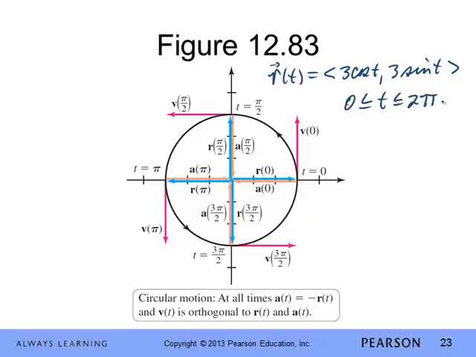We start off here at t equals 0, and as t increases from 0 to pi over 2, we go from 3 o'clock up to the 12 o'clock position. As t goes from pi over 2 to pi, we go from 12 o'clock to 9 o'clock. From pi to 3 pi over 2, we go from 9 o'clock down to 6 o'clock. And from 3 pi over 2 to 2 pi, we go from 6 o'clock back to 3 o'clock. That's just the trajectory of that curve.